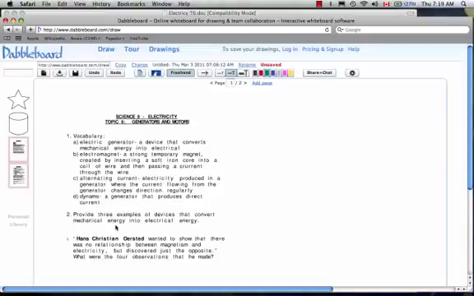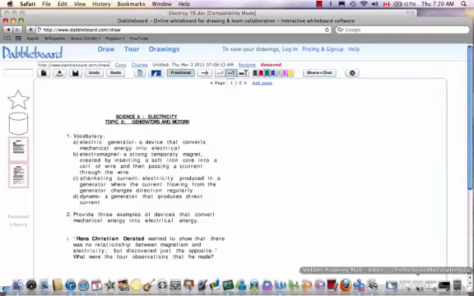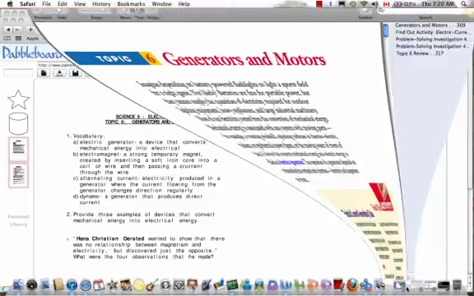Question 2, provide 3 examples of devices that convert mechanical energy into electrical. So most motors will do this. So let's look at your textbook for a minute for this.